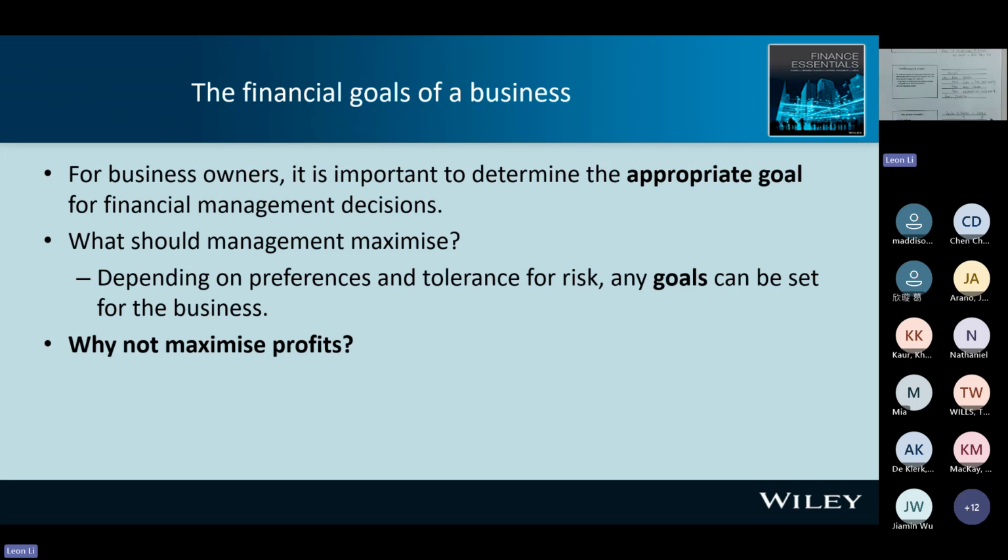For example, profit. Later on, we will show you the problem with accounting profit. In finance, we don't like accounting profit. Although people talk about accounting profit, later we will tell you the problem with it. Minimize costs could be a goal, but cost down has the problem of poor quality.